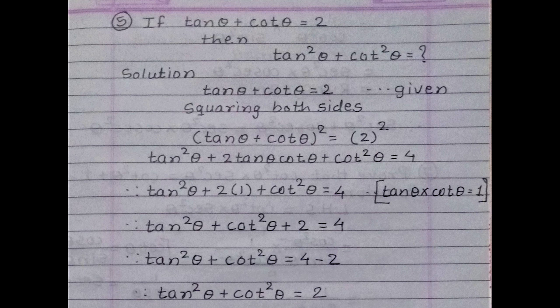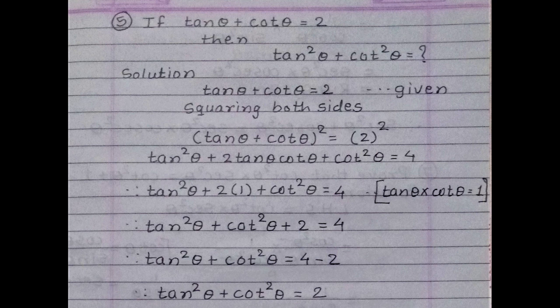Now squaring both sides. So in the bracket we can write (tan theta plus cot theta) whole bracket square is equal to 2 square. Now here, the majority of times we make the mistake that for (tan theta plus cot theta) square, we simply write tan square theta plus cot square theta is equal to 4.